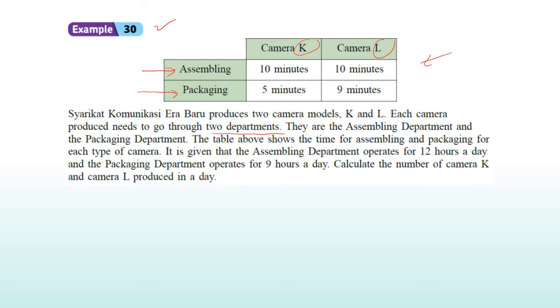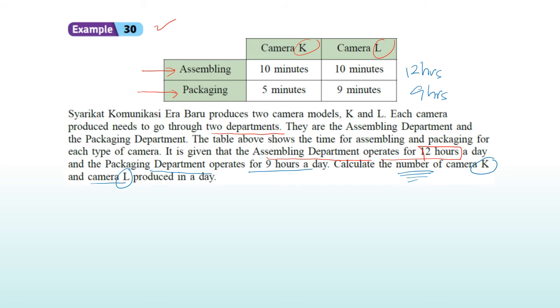It is given that the assembling department operates 12 hours, and packaging operates 9 hours per day. So you have to calculate the number of camera K and camera L produced in a day.